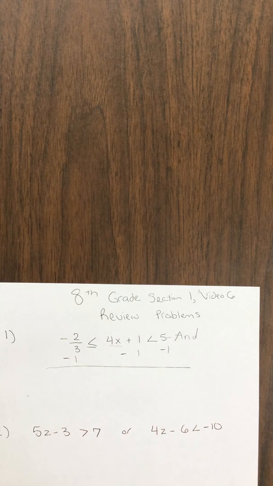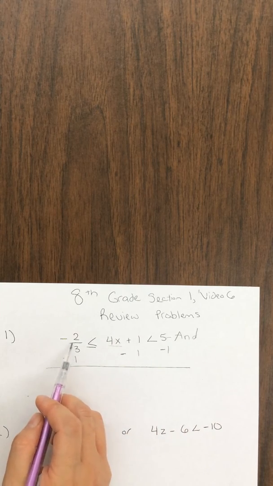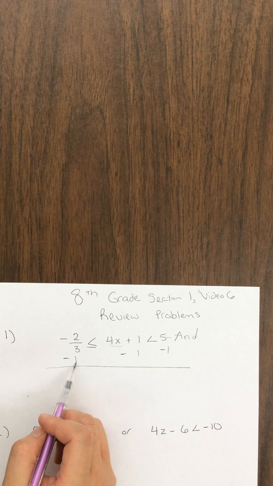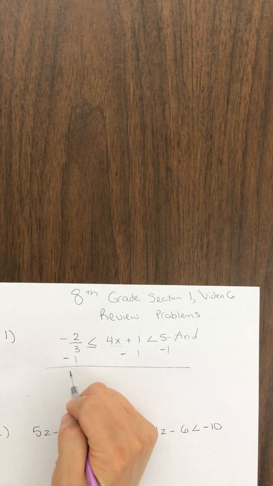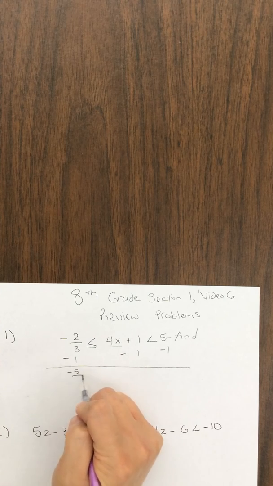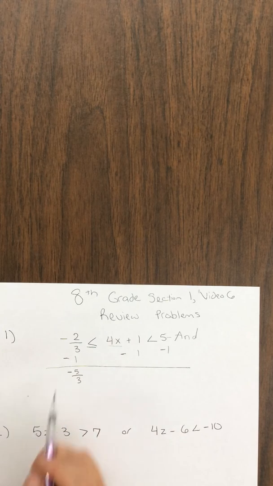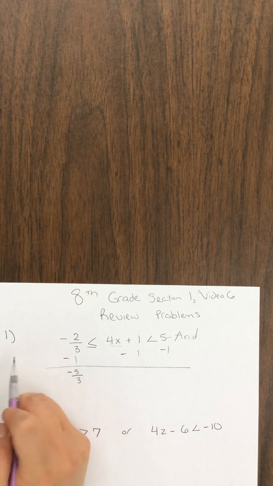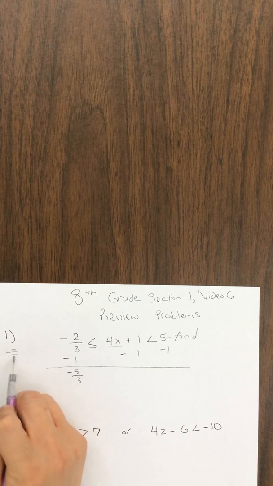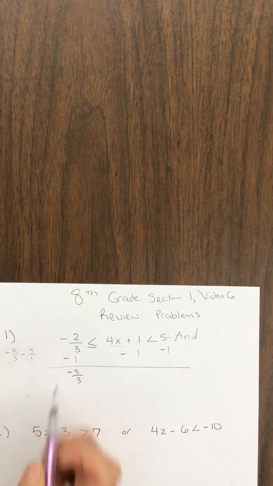Okay? So I have negative 2/3 minus 1. Well, negative 2/3 minus 1 is just going to be negative 5 over 3. You can change the 1 to 3 over 3, so your fraction is negative 2/3 minus 3 over 3.